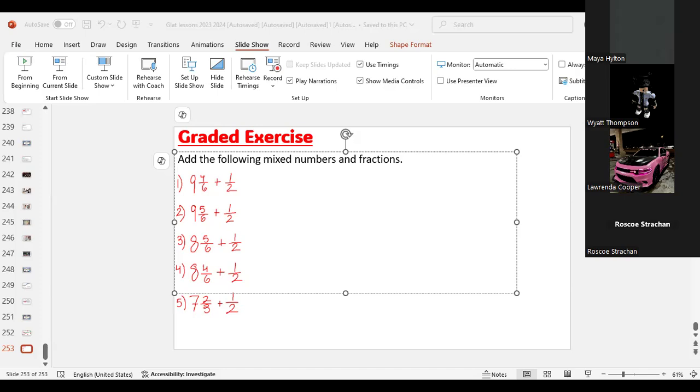If the numerator is 1, the fraction cannot be simplified anymore, right?